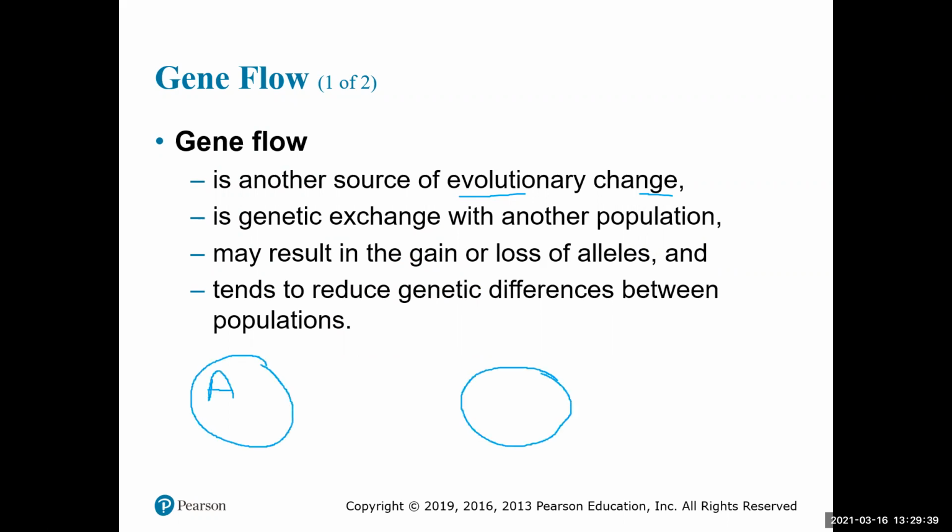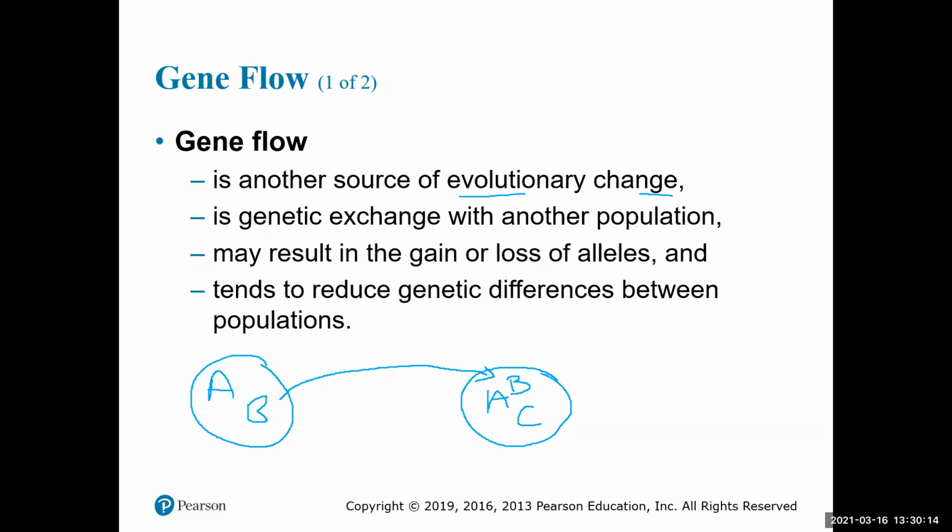So for example, let's say you have 2 populations. This population has alleles A and B. This population has alleles, let's say, A and C. Okay, and so these populations are pretty different. They only share 1 allele. They're different by a second allele. But now if an individual moves from this population to this population and mates over here, and they're carrying the B allele, then they can bring the B allele into that population.